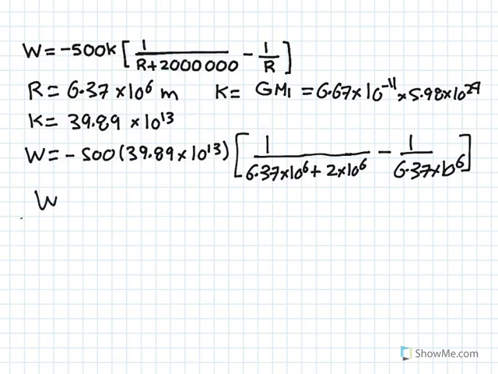All right, if we work this out, we're going to get work is equal to negative 19945 times 10 to the 13.